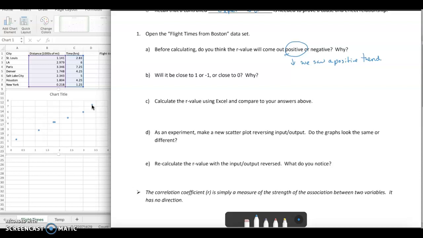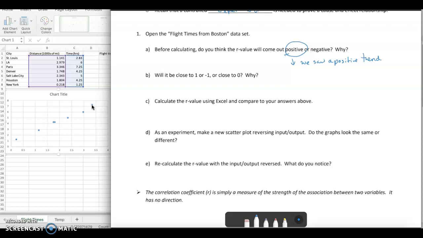Will it be close to 1 or -1, or will it be close to 0? So again, remember what we just defined is that close to 1 or -1 means a very strong trend, and close to 0 means weak.